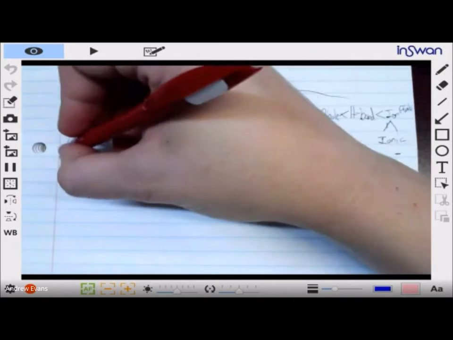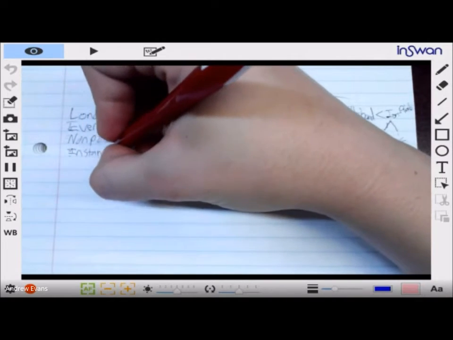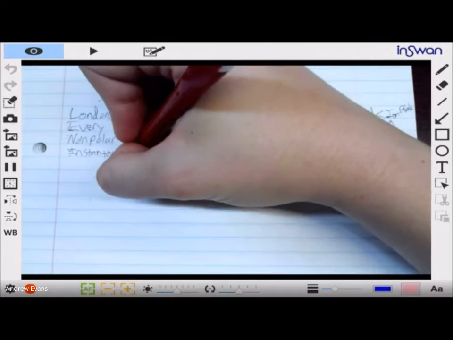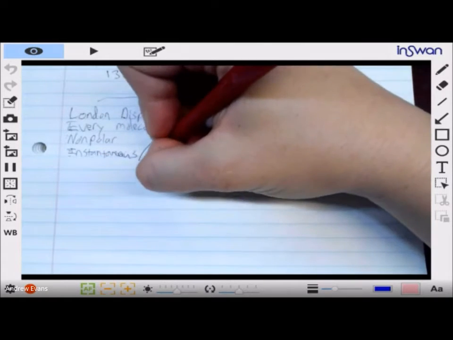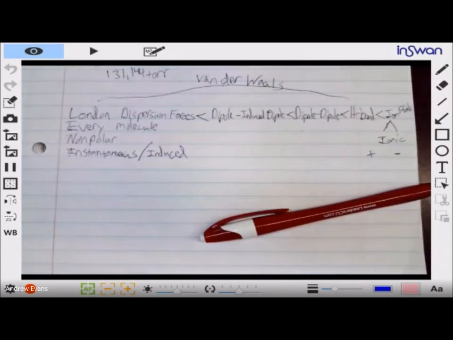This one is also called instantaneous dipole, induced dipole, where one molecule accidentally gets a dipole from electrons moving around, and that dipole forces another dipole in the next molecule and creates a small fraction of attraction. You have enough of these instantaneous induced dipoles, and you suddenly have something going on.